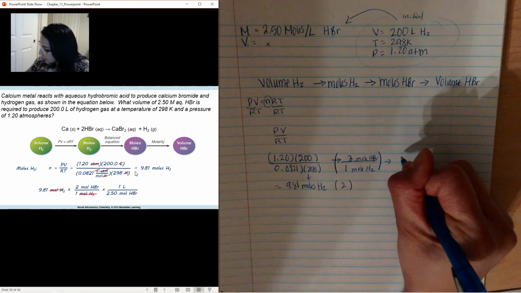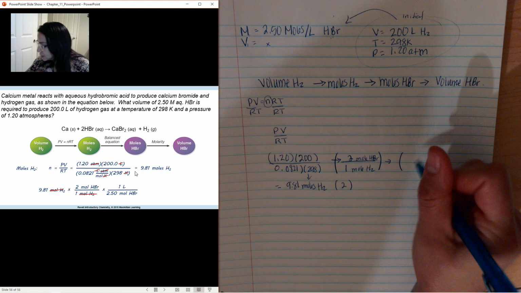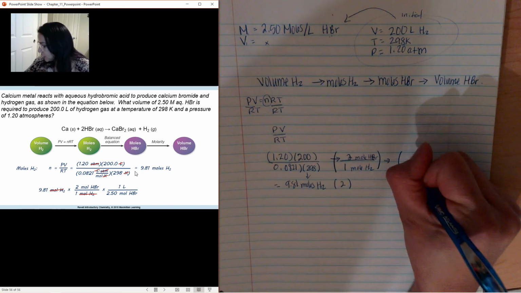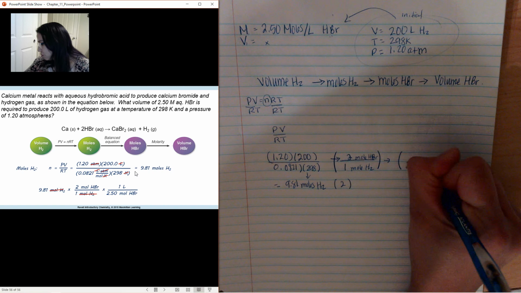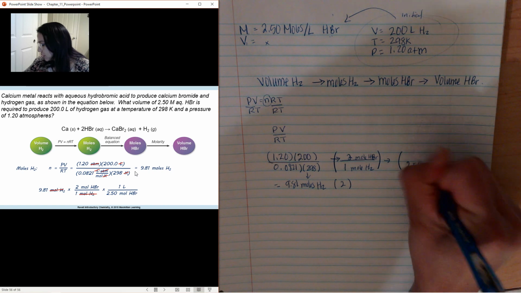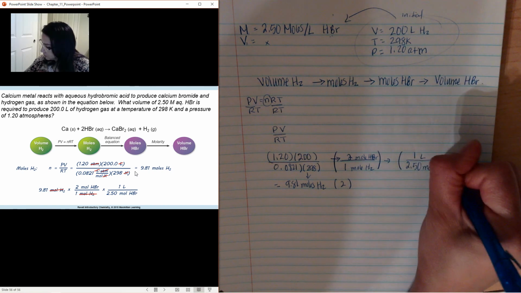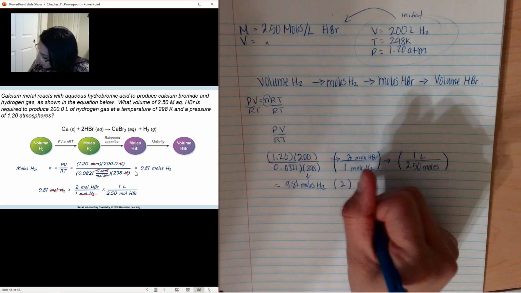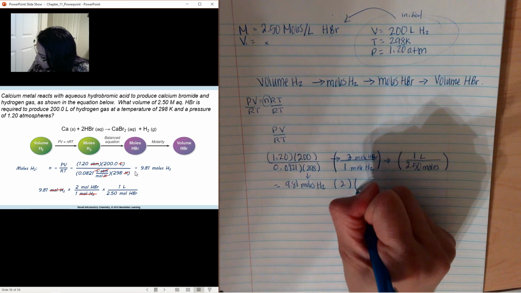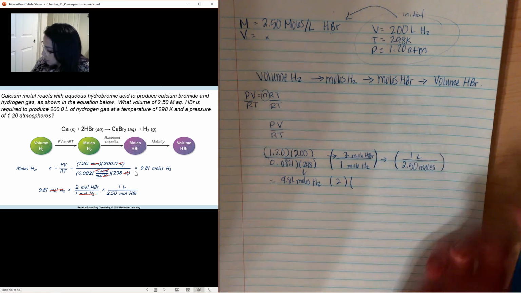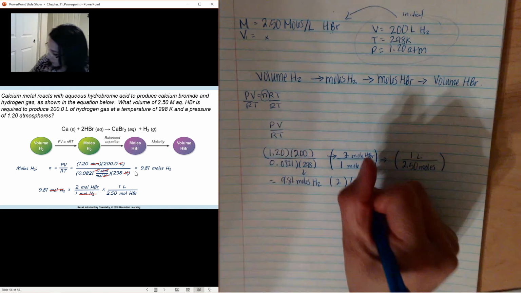Our molarity was given to us as 2.50, so I have 2.50 moles in 1 liter, and I'm going to write this down as 1 over 2.5.